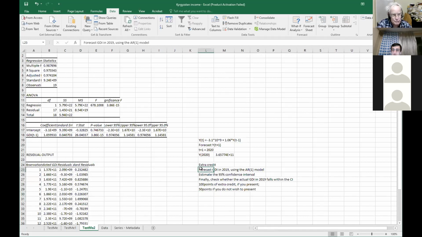In fact, let me add that point. So you run the regression this time using data up to 2018 and then exclude the observation for 2019. I should say 2001.